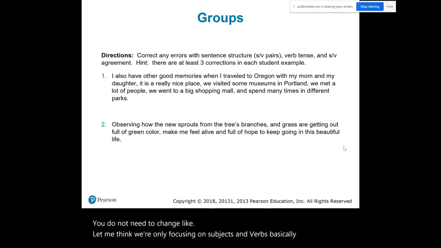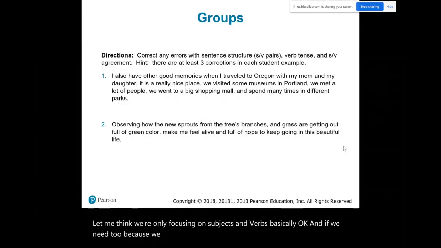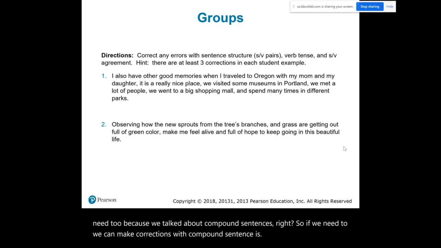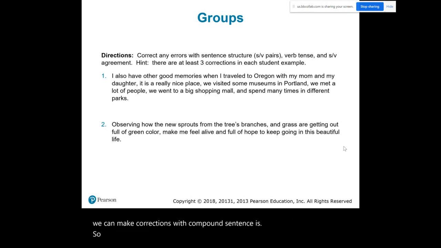And because we talked about compound sentences, right? If we need to, we can make corrections with compound sentences. So basically everything we've talked about so far in this class, we are going to test what you know by correcting these groups of sentences.